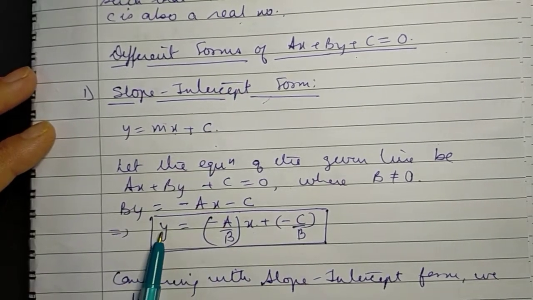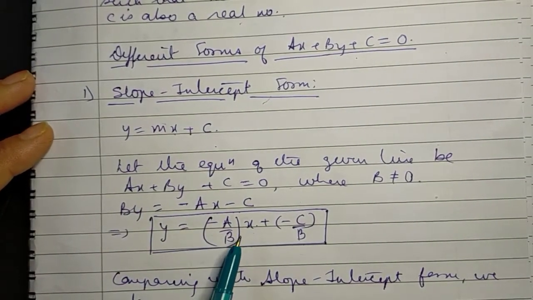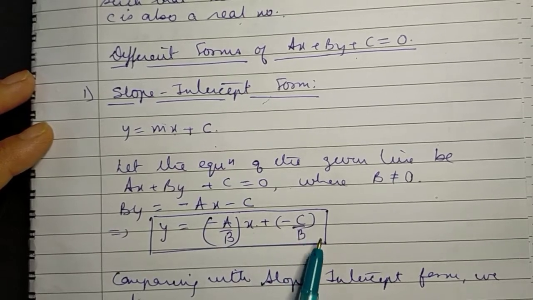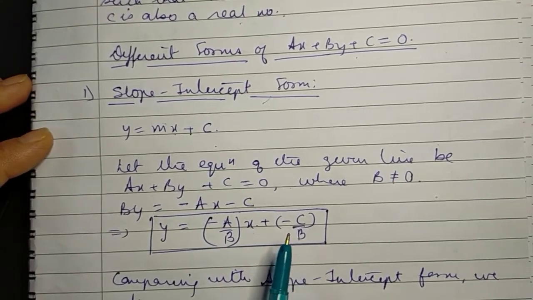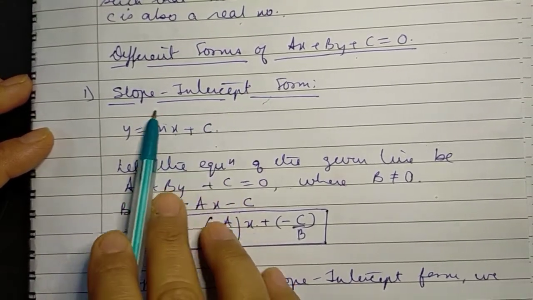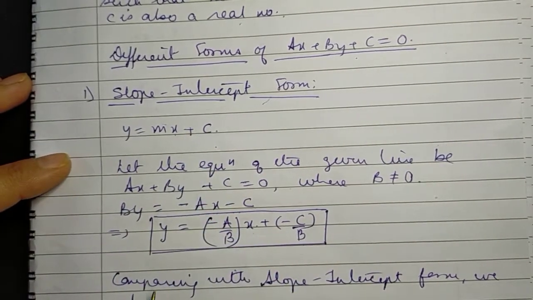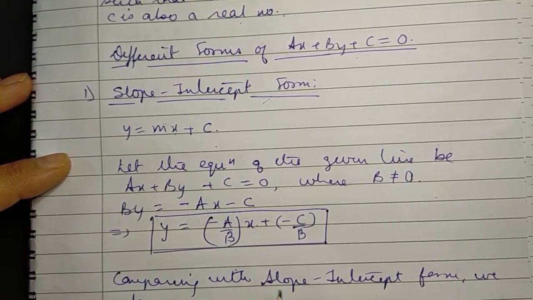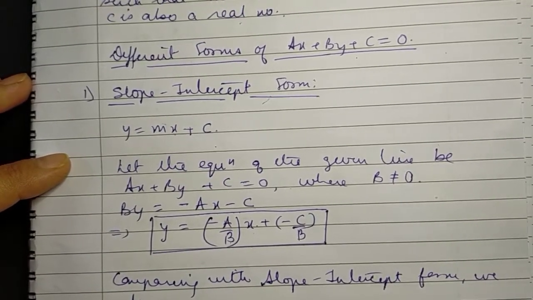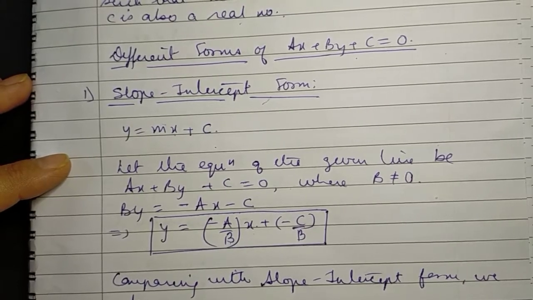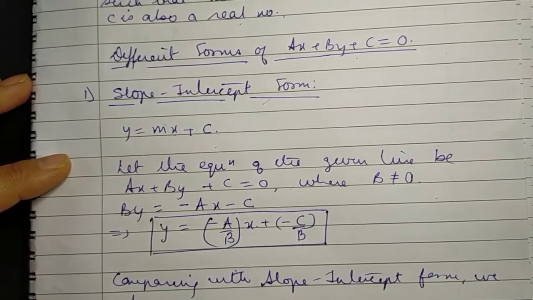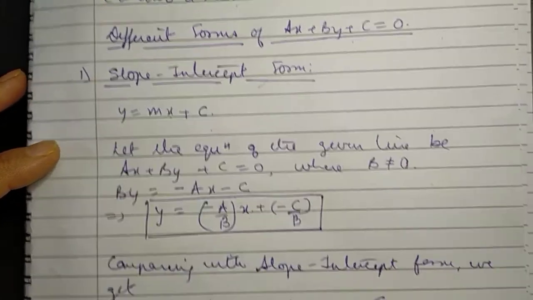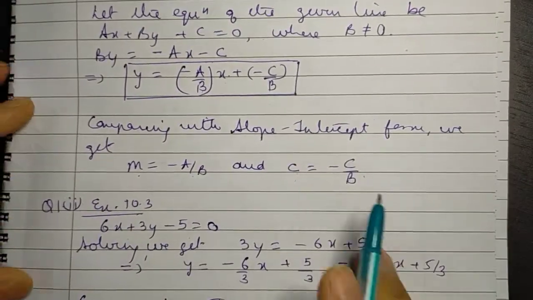So we get y is equal to minus a upon b times x plus minus c by b. Comparing it with the standard slope-intercept form, we get the slope m of the line is equal to minus a by b, and the y-intercept c is equal to minus c by b.